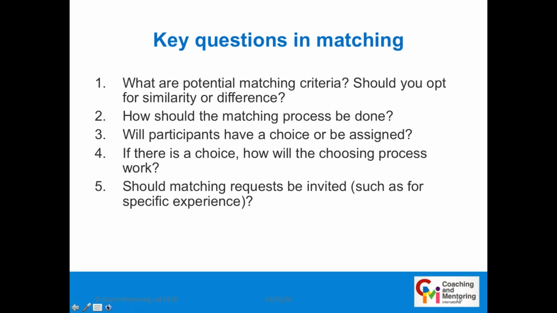I think it's also important to stress here that if participants feel they have a choice, the relationships are going to be a lot more successful than if they're just simply assigned. And I think there is a way of doing this, even though the matching can be on the basis of the program manager or coordinator doing the matching themselves and assigning mentors to mentees.